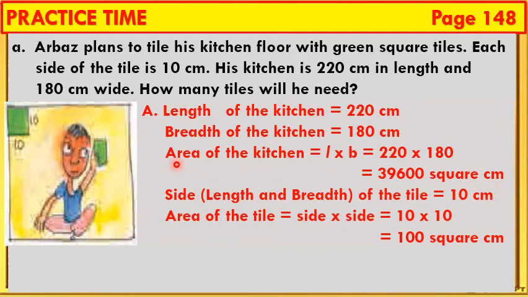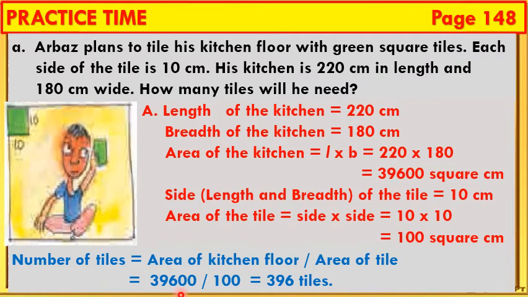Each side of the tile is 10 centimeters. That is, length and breadth both are 10 centimeters. So the tiles are square tiles. Area of a square tile is side multiplied by side. That is 10 multiplied by 10. We get 100 square centimeters.